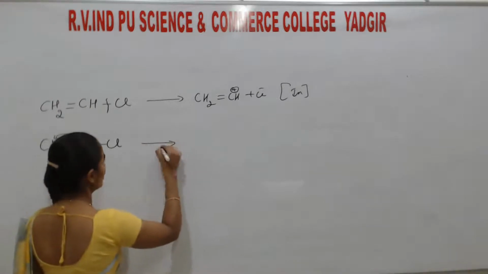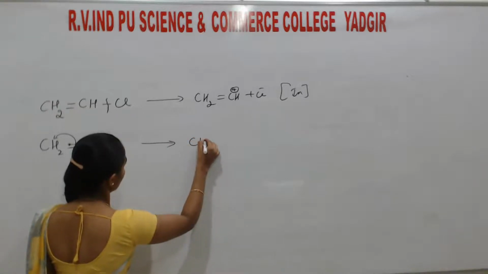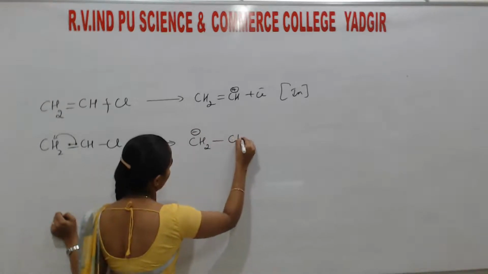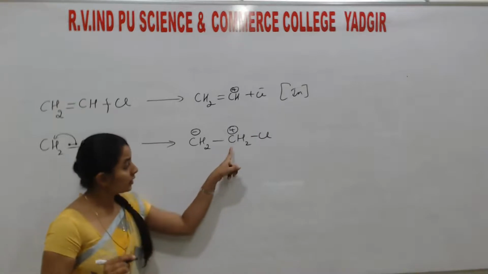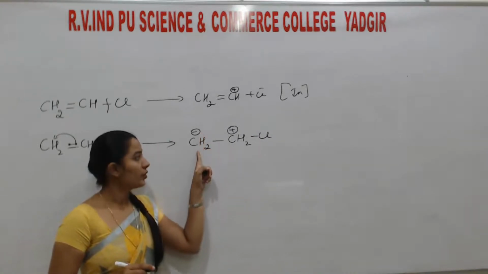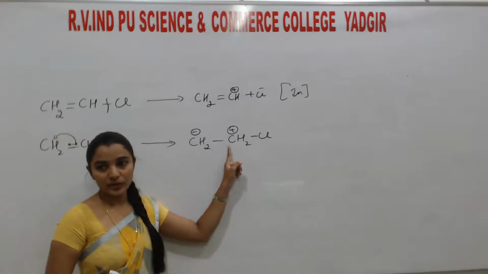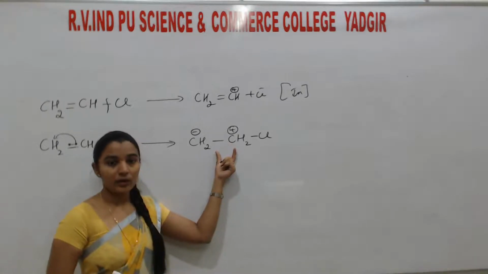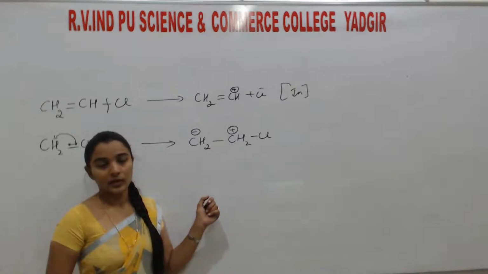Then it forms CH2 minus single bond CH plus Cl. Then if any electrophile is there, it is going to attach here. Here Cl is there, which is a very strong bond with respect to this. Understand?